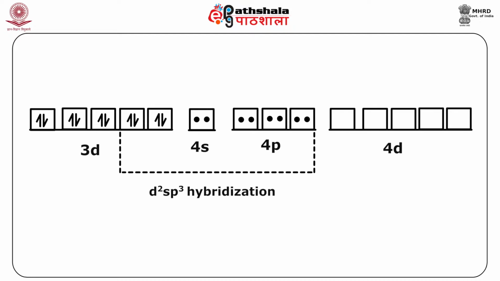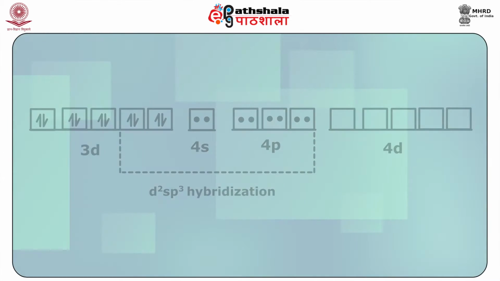So after the first 3 3d orbitals, the hybridization of the 6 metal orbitals would be like this: 2 3d, 1 4s, 3 4p orbitals will combine to provide a hybridization of d2sp3. The two 3d, 1 4s and 3 4p orbitals hybridize to provide 6 d2sp3 orbitals of equal energy.